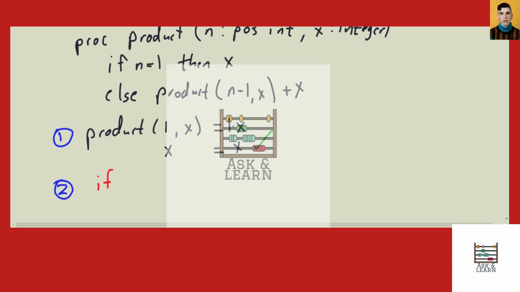So if the product of, this time we'll do it a little differently than I usually do, n minus 1 x equals, we'll just say x times n minus 1, then the product of nx equals n times x.